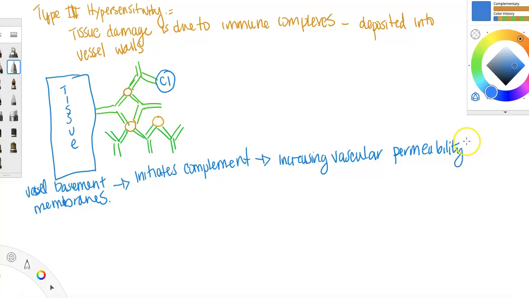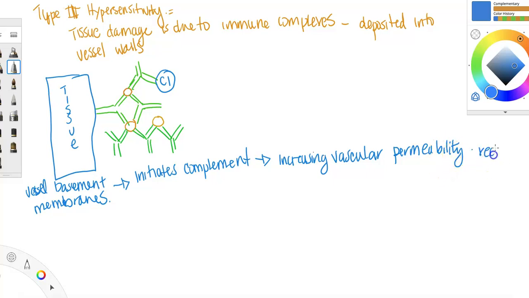And as that happens, we're having inflammation here. So in inflammation, chemicals are being released that bring in things like white blood cells.